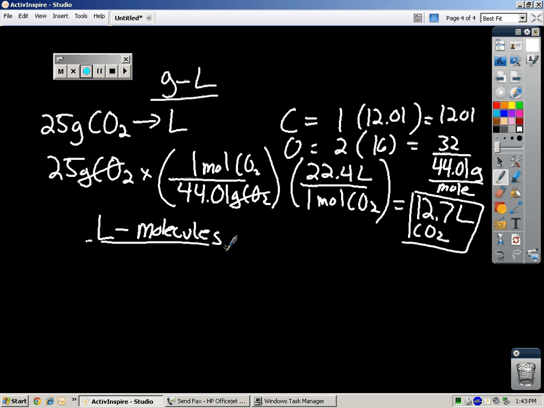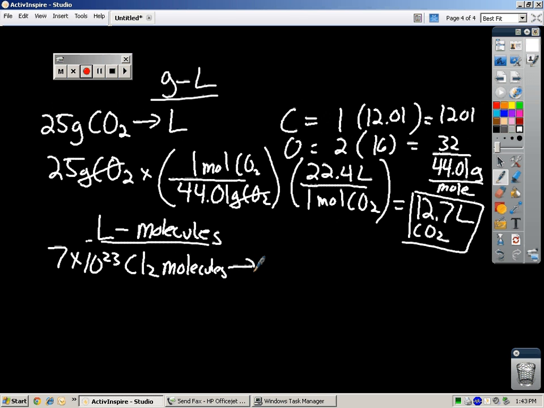I'll make up a number, let's say 7 times 10 to the 23rd. We'll say molecules, or we'll do atoms this time. Let's see, atoms of, well, diatomic atom, how about that? Cl2. CO2 molecules, I didn't write that right, but oh well.